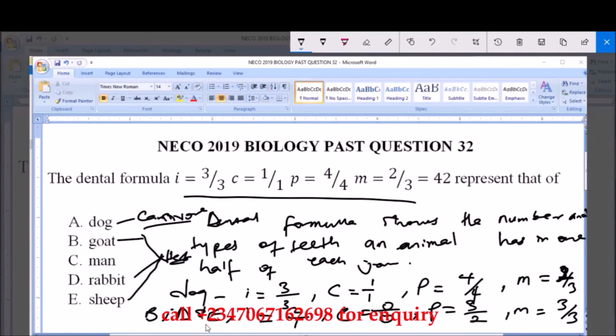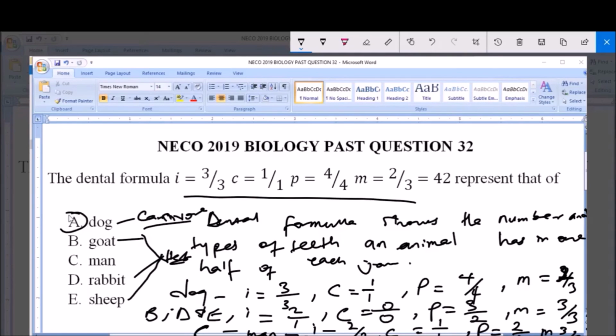Then option C, which is man, is giving us I, which is the incisor, 2 over 2, C, canine, 1 over 1, P, premolar, 2 over 2, and M, molar, 3 over 3. Now, from this, you will see that the animal with this dental formula is actually option A, dog.